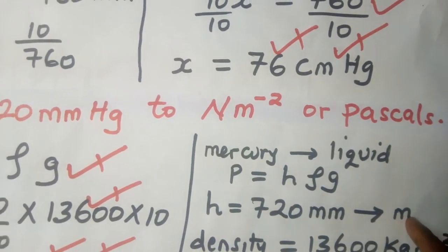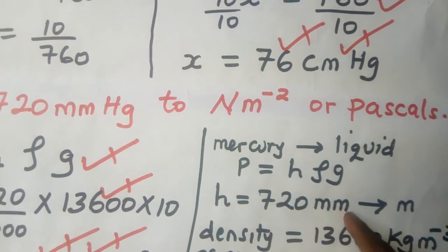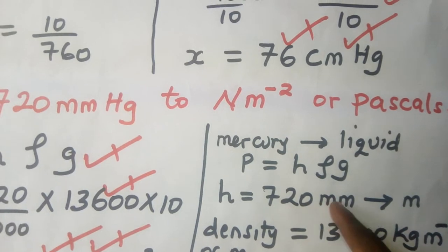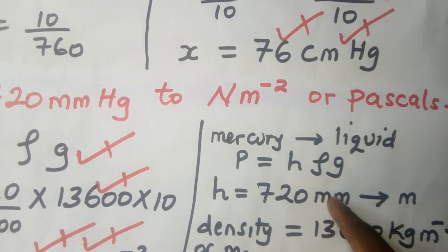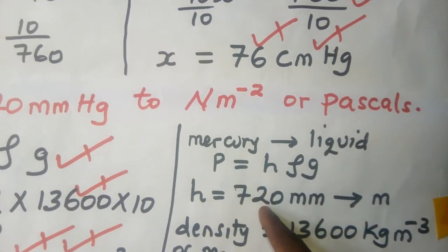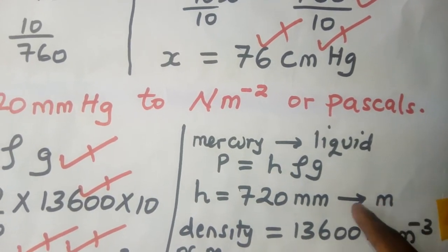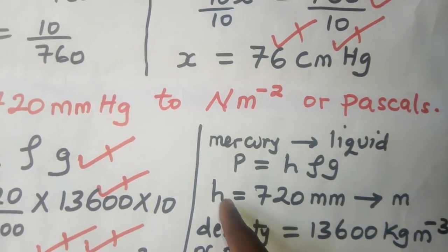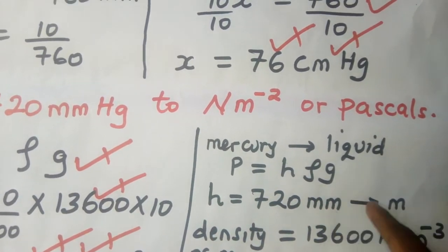Why? Because 1 meter is the same as 1000 millimeters. But if this was in centimeters, and you are changing to the SI unit, which is the meter, you would divide by 100, because 1 meter is the same as 100 centimeters. So this one is not in SI units and needs to be changed.